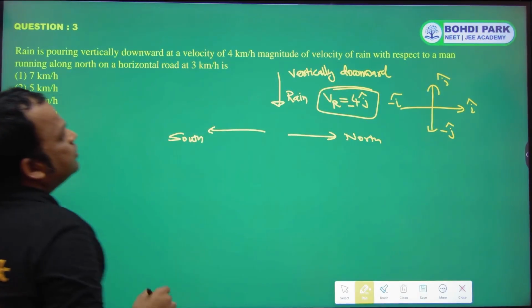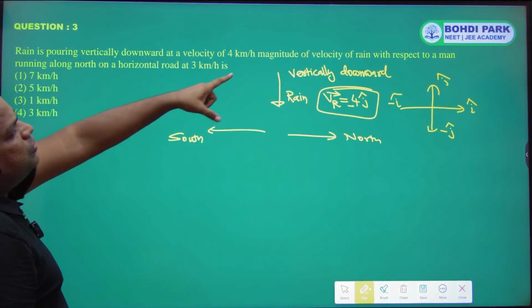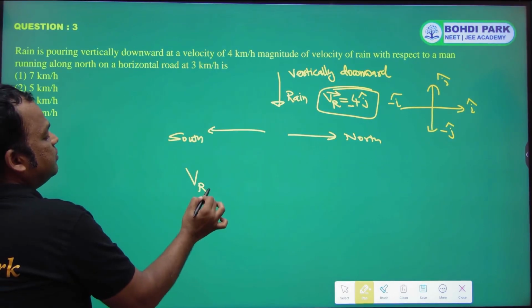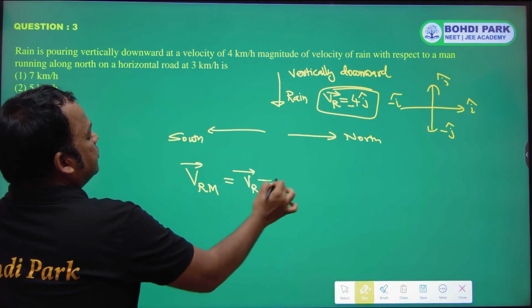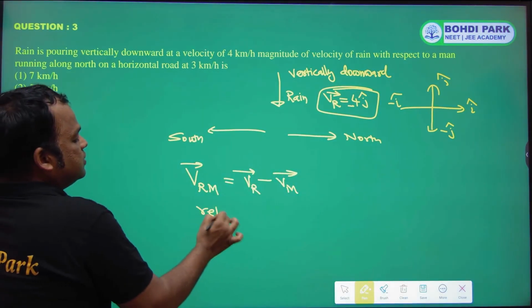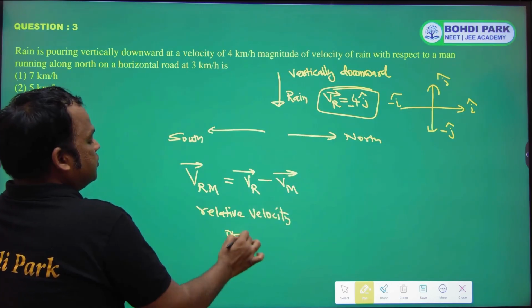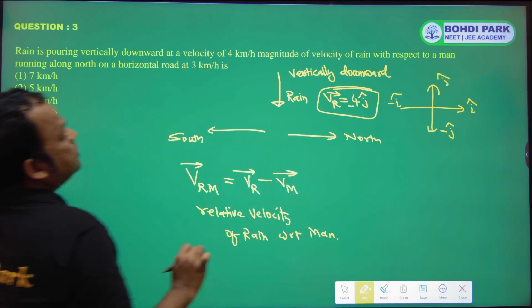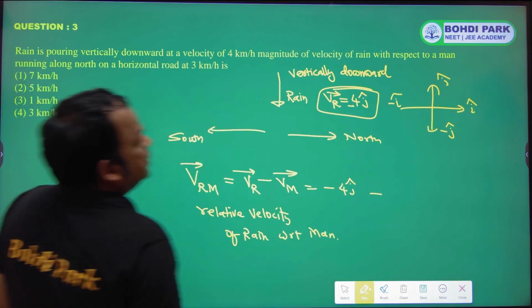Okay, VR vector, and now we have to find magnitude of velocity of rain with respect to man. So velocity of rain with respect to man, in vector form, will be equal to VR vector minus Vm vector. Okay, this is the relative velocity formula. So VR vector is minus 4j minus Vm vector.